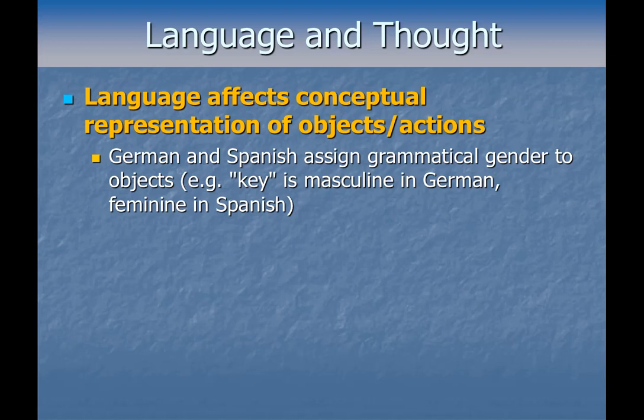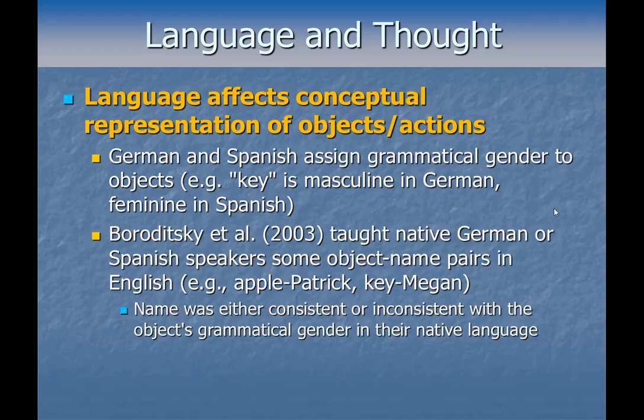Just for example, German assigns masculine to the word key. So the German word for key is masculine, and Spanish also has a word for key, but the Spanish word for key is feminine. So here we've got two languages that talk about the same object, but one gives it a masculine flair and one gives it a feminine flair in a purely linguistic, grammatical gender way.